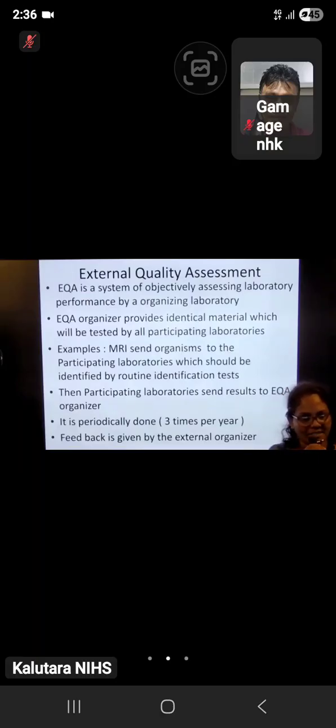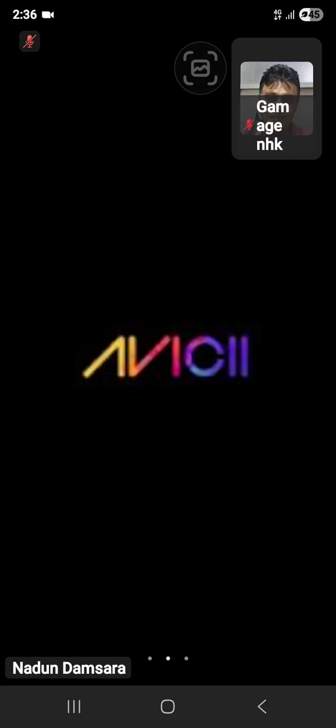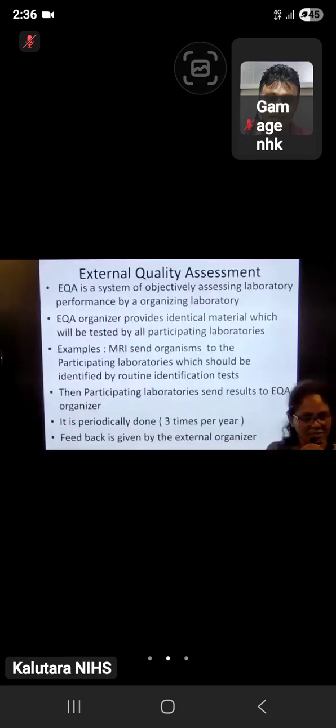Example, MRI sends organisms to participating laboratories which should be identified by routine identification tests. Then the participating laboratories send results to the organizing laboratory. In the organizing laboratory, they will analyze that and send the report to participating laboratories. It is periodically done. What is periodically?